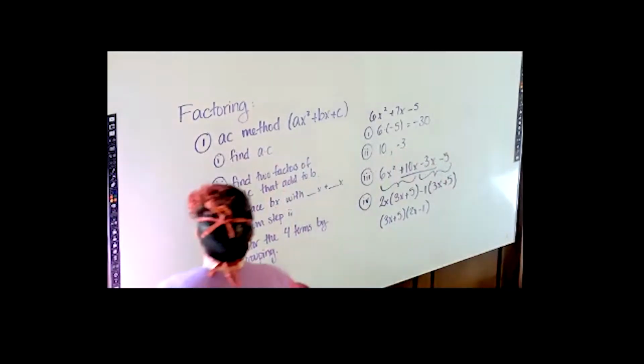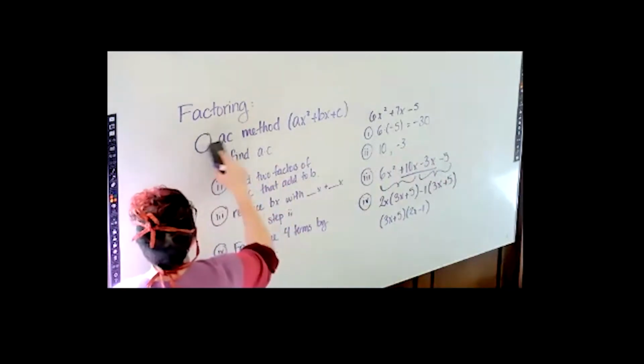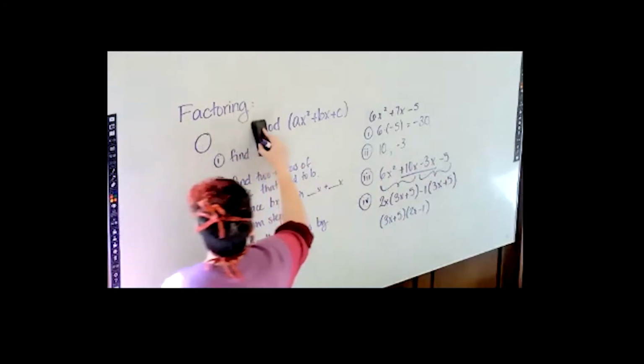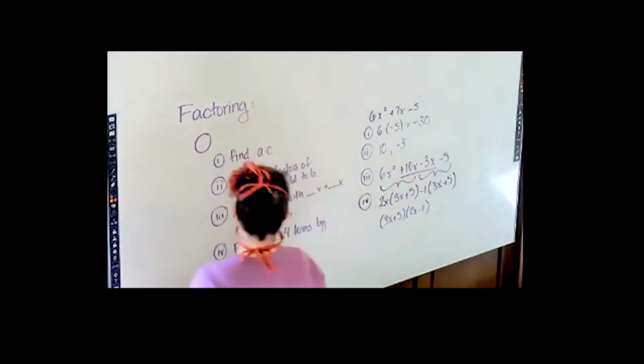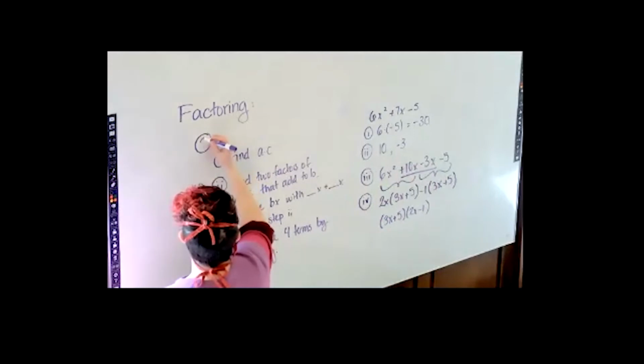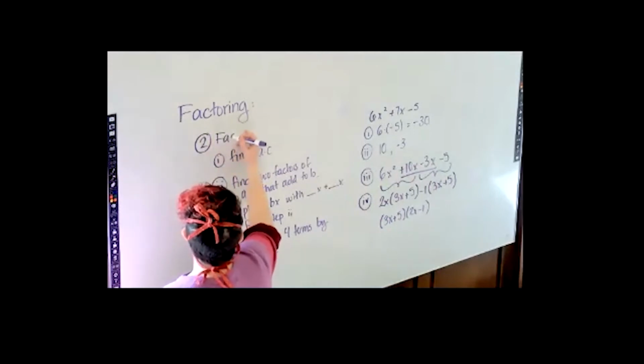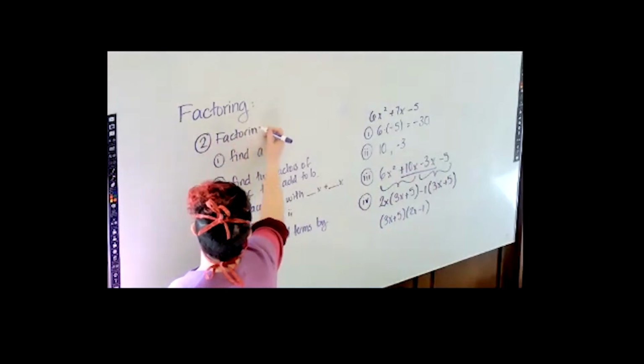Okay. That means method 2 is factoring by grouping, which I know I just explained, but I like writing out the steps as well.